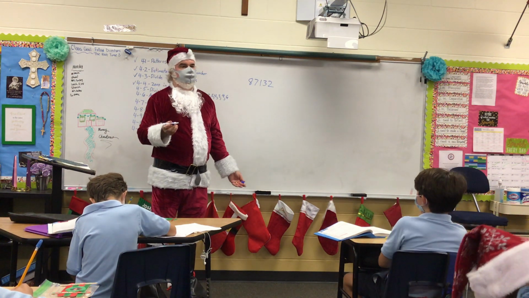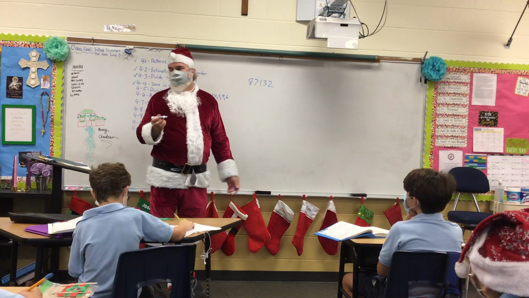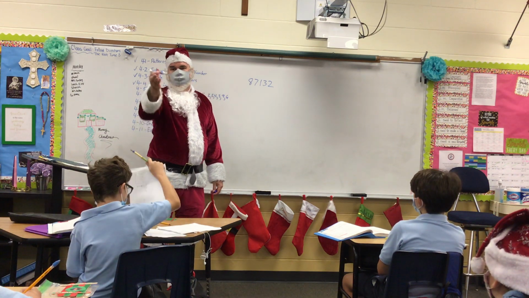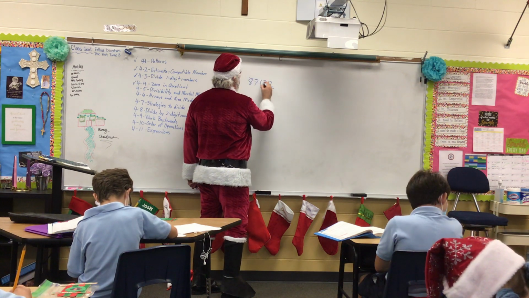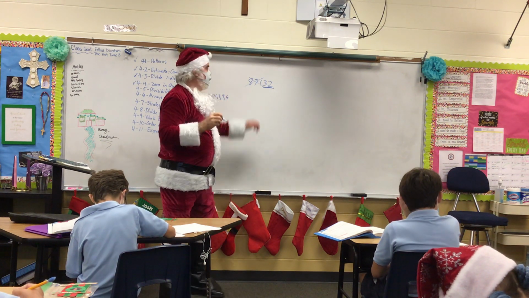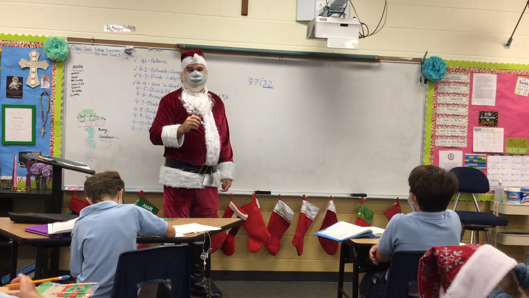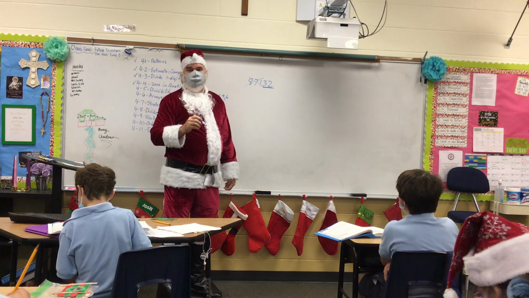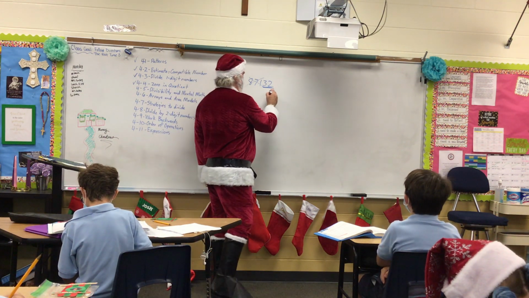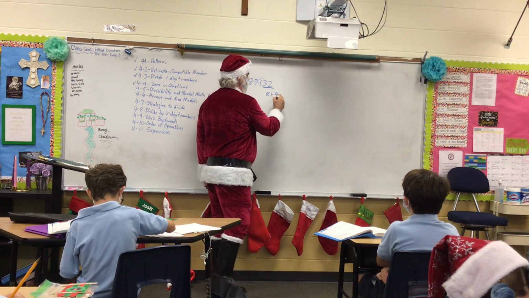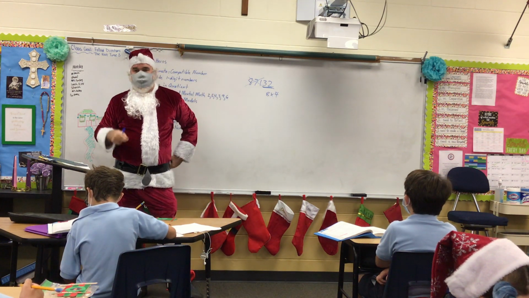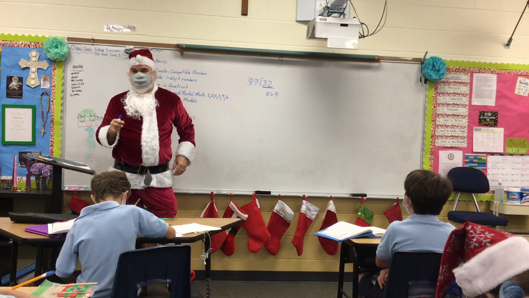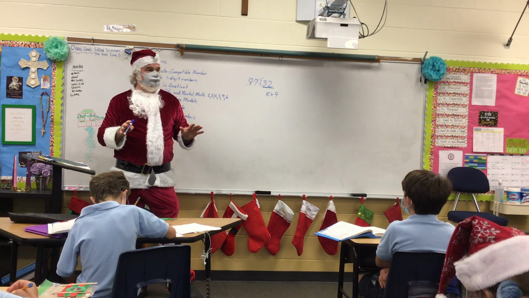What am I looking at to figure out if it's divisible by 4? I'm just looking at the last 2 digits. I don't care about these. Is 32 divisible by 4? Yeah. 8 times 4 is 32. So then that is divisible by 4. It has to be those last 2 digits, okay? That's all that you're looking at.